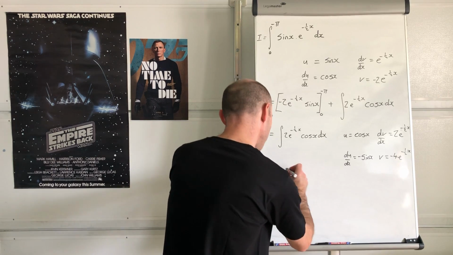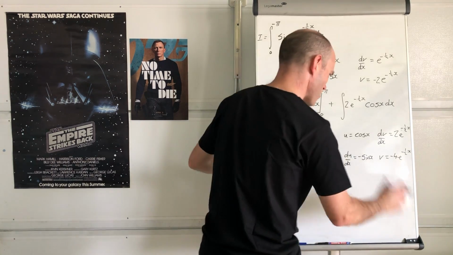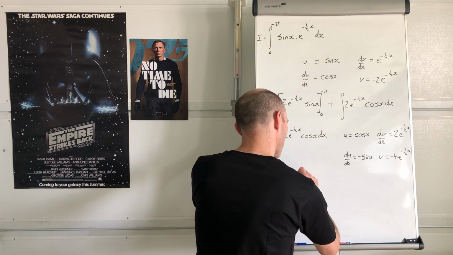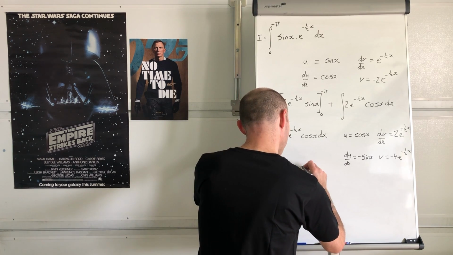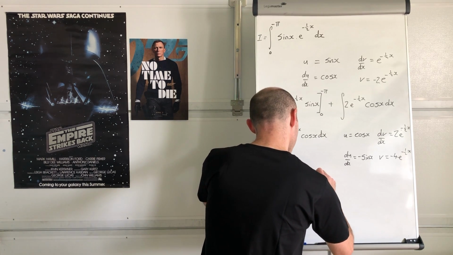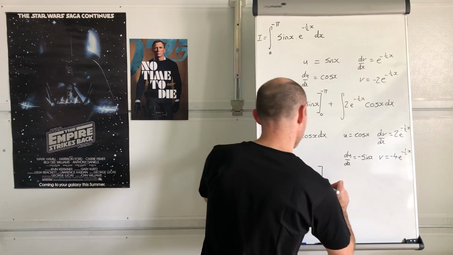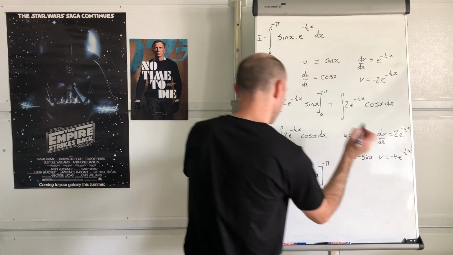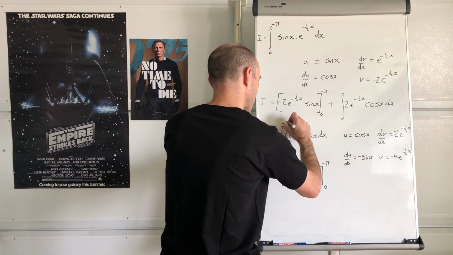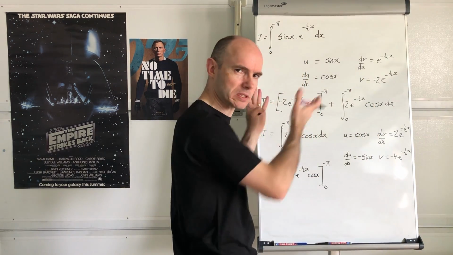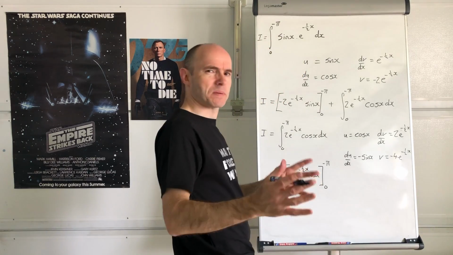So that is going to be, open up the limits brackets, uv, negative 4 e to the negative 1/2 x cos x, and that's between 0 and negative pi. I should really put the limits back in there again, 0, negative pi, otherwise the solution is not 100% accurate.